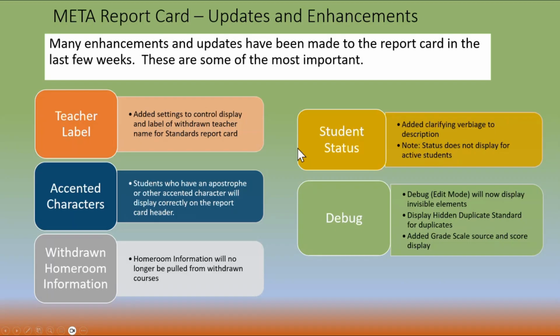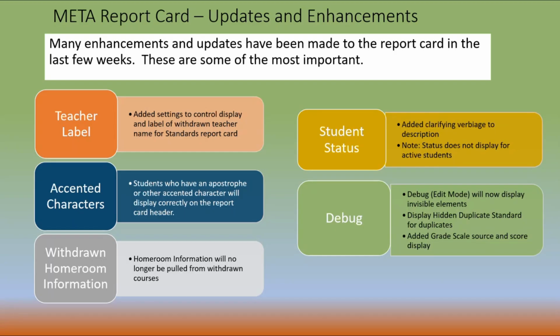Teacher label, we added settings to control the display and the label for withdrawn teacher for the standards report card. We've had it for the traditional under the courses, but we'd never added it for standards. So now we have done that.